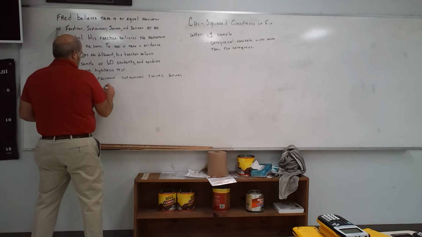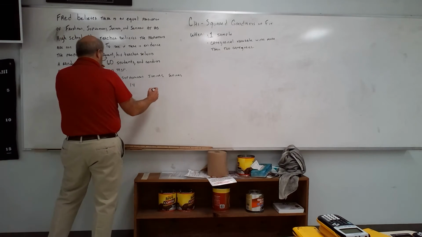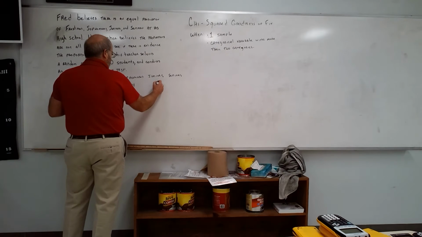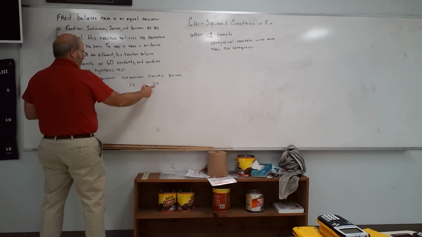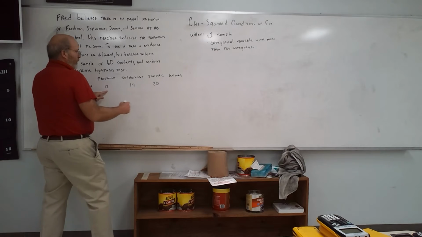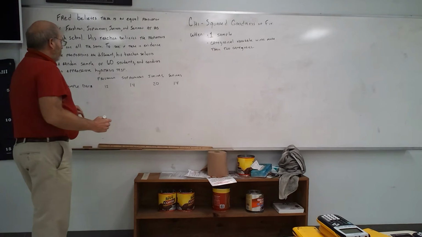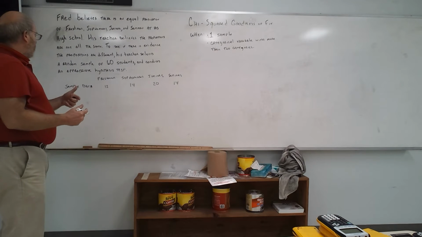Let's say we found 12 freshmen, 14 sophomores. Let's say we had 20 juniors. Let's say we got 60 altogether. So 20 plus 14 is 34, plus 12 is 46. So we would need 14 more seniors to make 60. So these are the counts that we get from our sample.